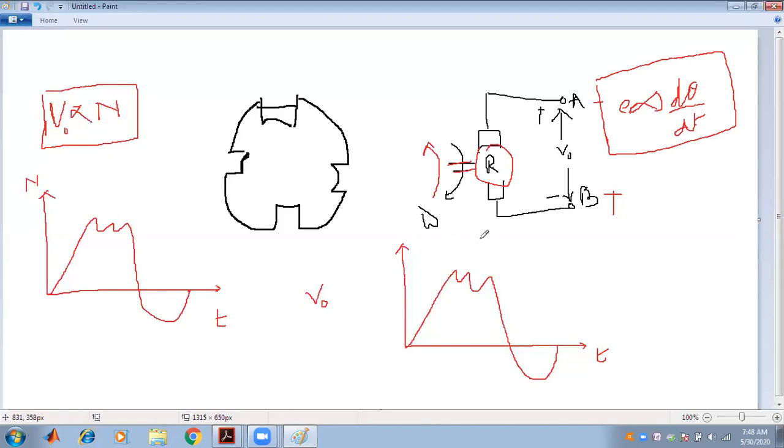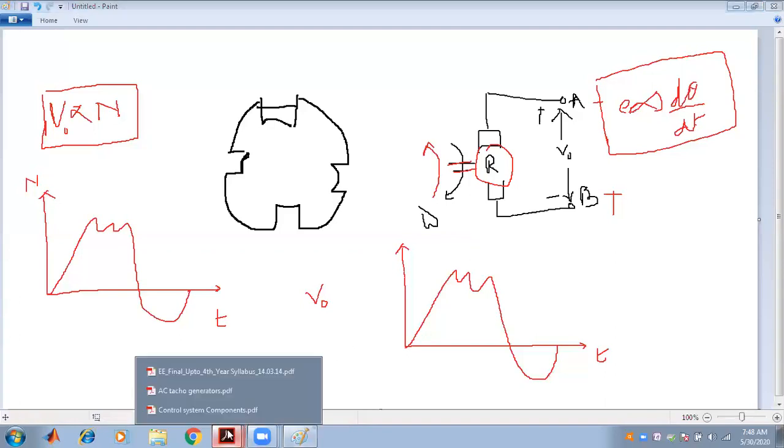The corresponding speed versus time graph and the output voltage versus time graph are also shown in this figure. So the construction is the same as the construction of a small DC generator.